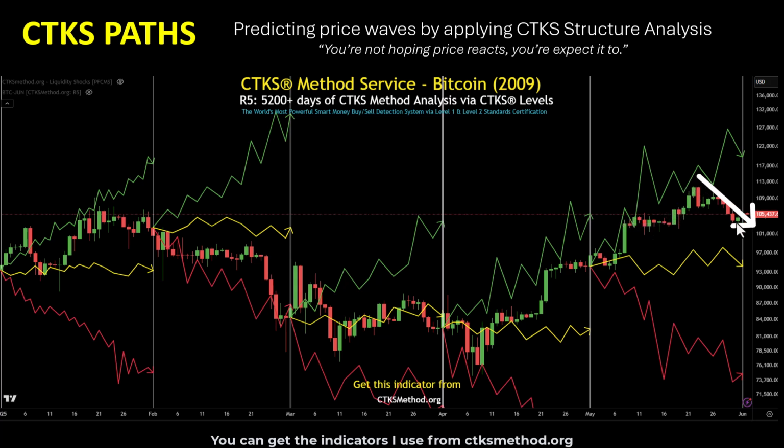And there was so much happening. For example, the Trump tariffs. Whoa, so many things happening inside the market. And the thing always to remember, price will always obey structure. If you understand where the structure is, that is your superpower.